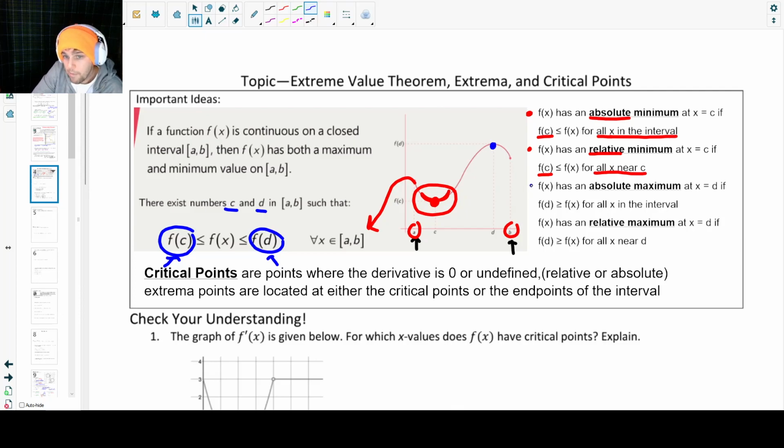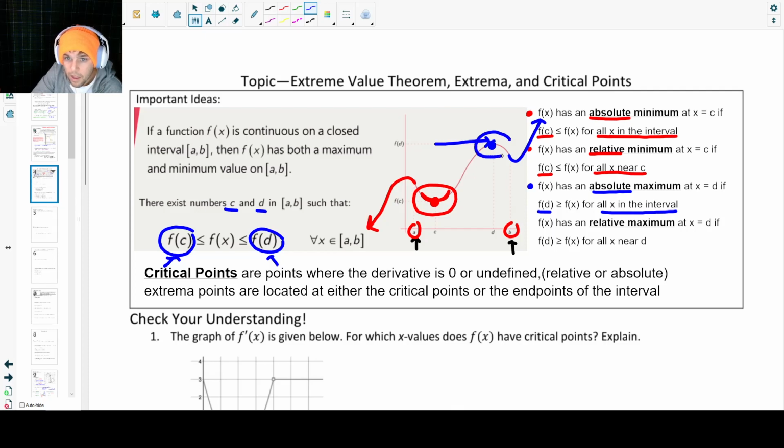All right, so same idea with maximums. If we have an absolute maximum at a value d, that means that f of d is greater than f of x for all x in the interval. So this was an absolute maximum because it is the highest in the whole interval. But let's say we extended this out and the graph went up above it.